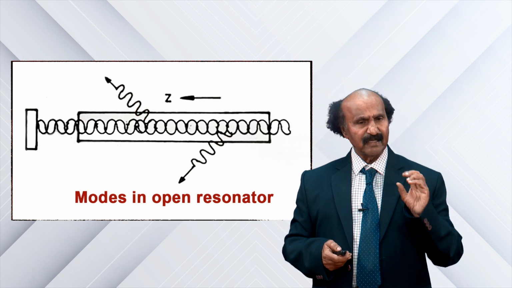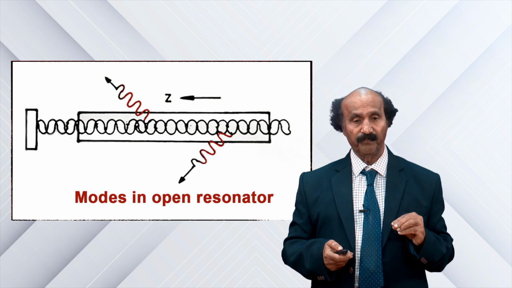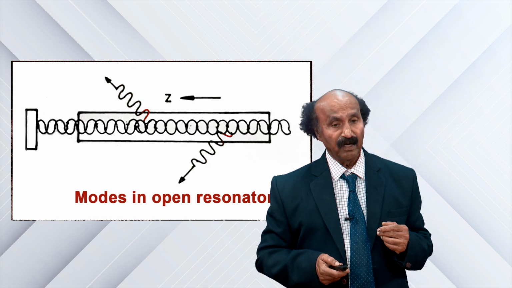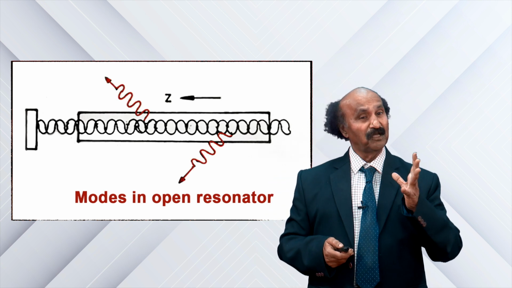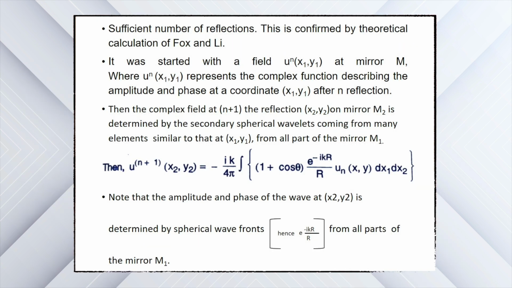We will consider some slight mathematical ideas. Fox and Li are the two scientists who worked on the theoretical background for this. What they said is, let us start with a light wave getting reflected in mirror M1.